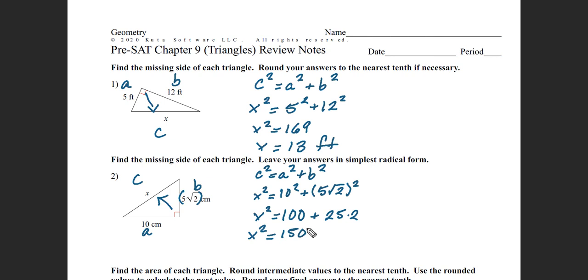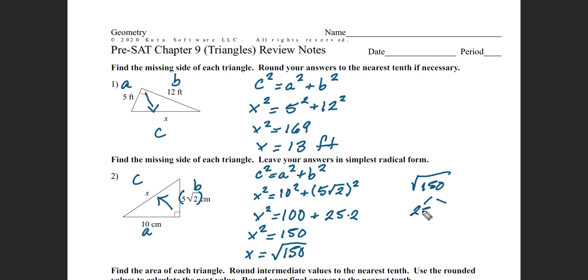Now when we take the square root, we're going to get the square root of 150, which is something that we've got to simplify. How you want to do this is up to you. We've used our factor tree before, and we can either take out the lowest primes or we can take out the biggest perfect square. The easiest one is going to be taking out the biggest perfect square.